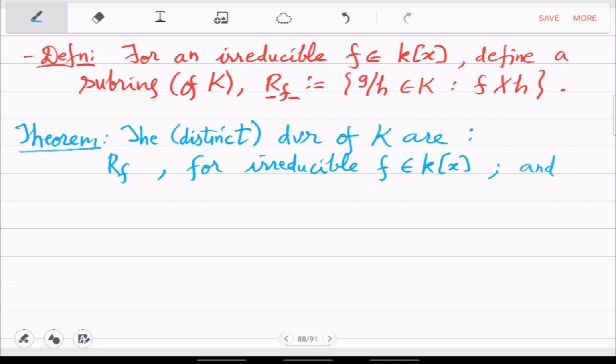So you get one more on top of what you had in the case of fractions. Can you guess what? It has to involve x, because now you have a new element x.